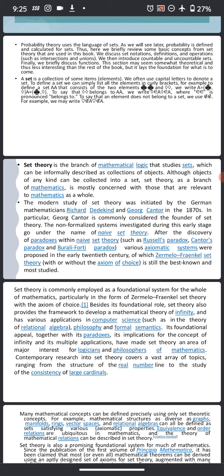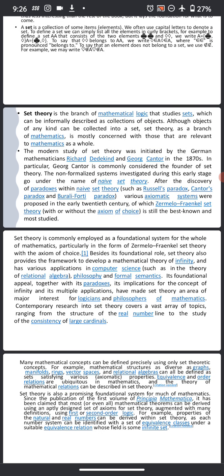In particular, George Cantor is commonly considered the founder of set theory. The non-formalized systems investigated during this early stage go under the name of naive set theory. After the discovery of paradoxes within naive set theory, such as Russell's paradox, Cantor's paradox, and the Burali-Forti paradox, various axiomatic systems were proposed in the early 20th century, of which Zermelo-Fraenkel set theory, with or without the axiom of choice, is still the best known and the most studied.